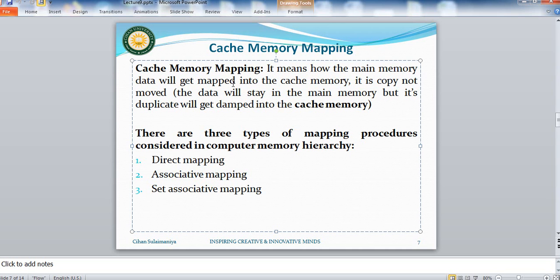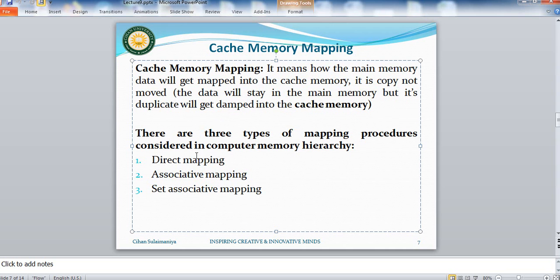The information is still saved inside the main memory, but what's going to be saved inside the ROM or RAM is the address of the memory. So there is mapping to save the information. The data will stay in the main memory, but the duplicate will be dumped into the cache memory. So that's what mapping memory means.